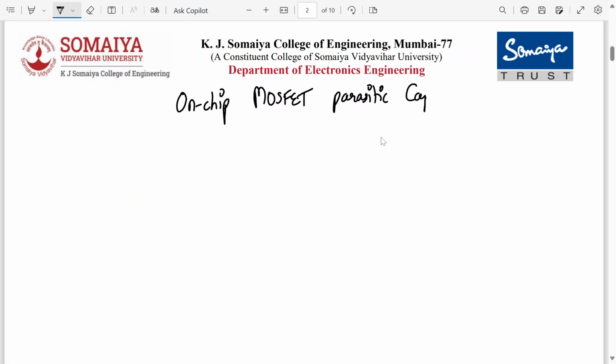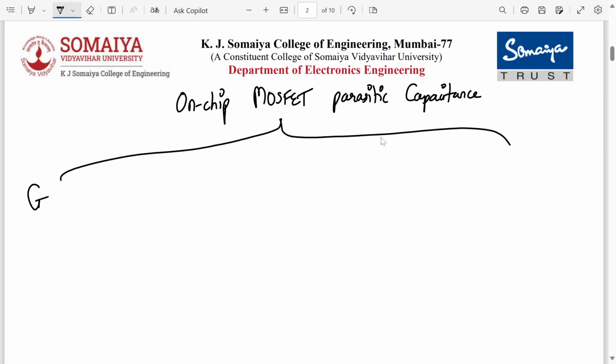If they ask you in the exam, you can write these types as they are. First of all, they are classified into two types. One is gate oxide related capacitance. The other is junction capacitance.